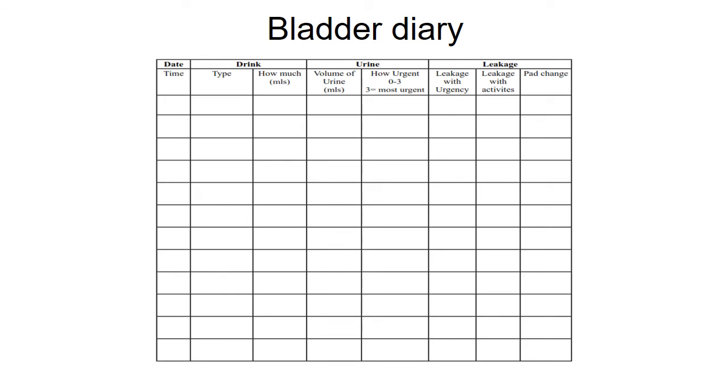This is an example of a bladder diary. Here we can see that the patient has to record the time and volume of events like intake, voiding, incontinence episodes, etc. The recording should be done for at least 24 hours. Usually we have to record for 3 to 7 days.